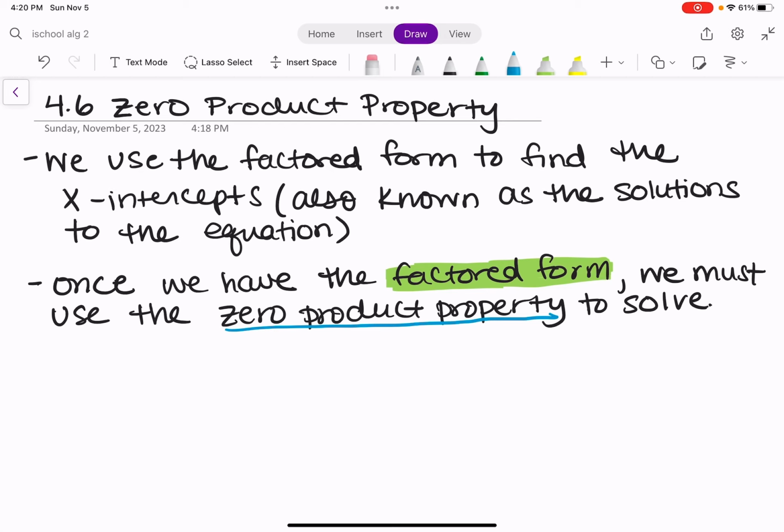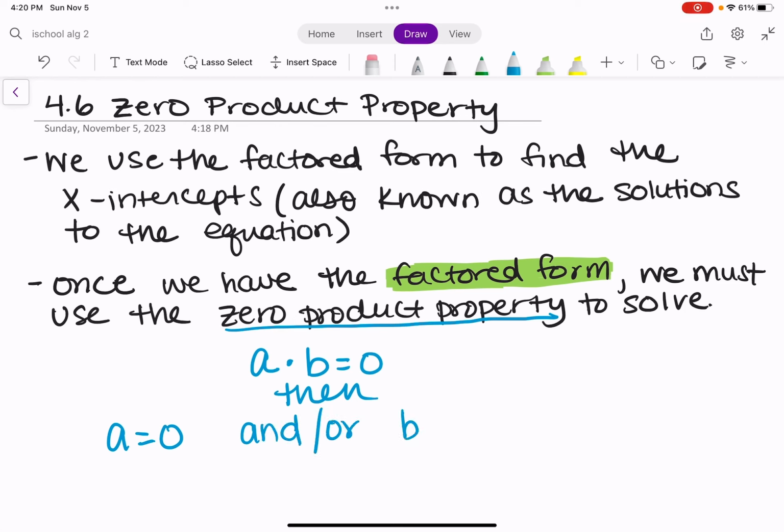The zero product property says that if we have something like this, A times B equals 0, then A equals 0 and/or B equals 0, right? Which makes total sense, right? If you have two things that multiply to 0, at least one of those things is going to have to be 0, right?